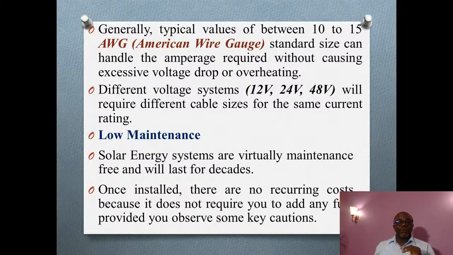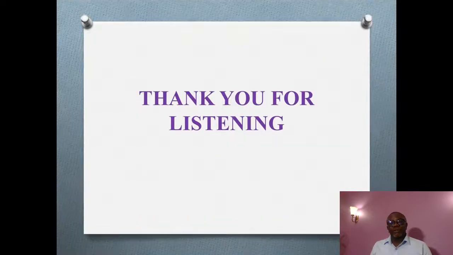Now, we know that in theory, solar systems require low maintenance, but not actually so. So we say solar systems are virtually maintenance free and will last for decades. Once installed, there are no recurring costs because it does not require you to add fuel anytime, provided you observe some key cautions.